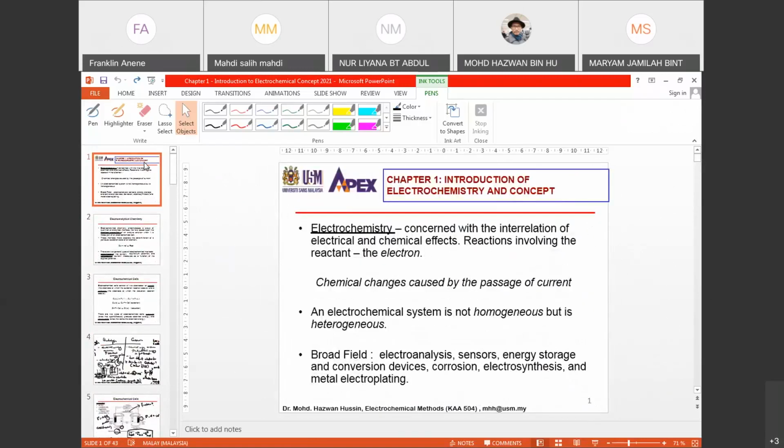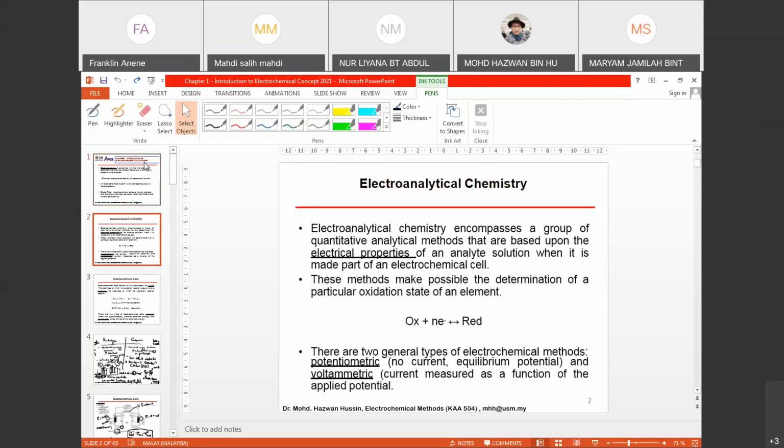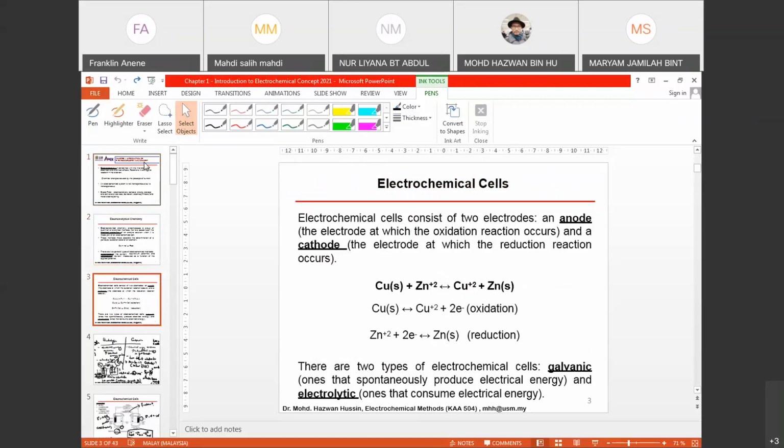Right. So last Tuesday, we started Chapter 1, Introduction of Electrochemistry and Concepts. We were briefly introduced to the concept of electrochemistry. What does it mean by electrochemistry? What aspects should we consider when dealing with electrochemistry phenomena?